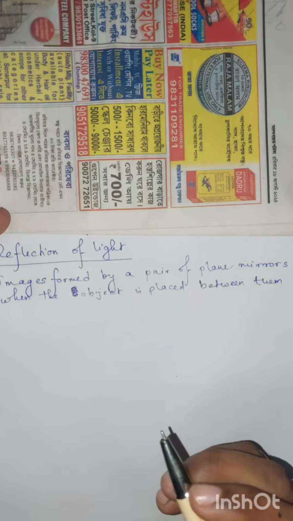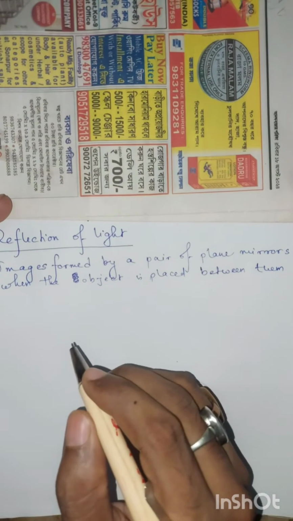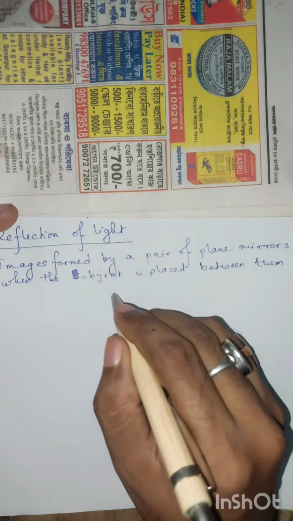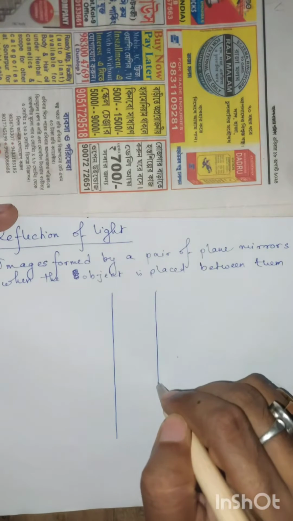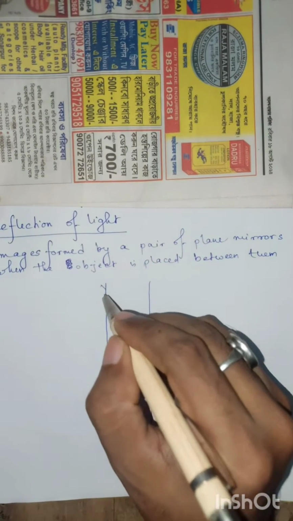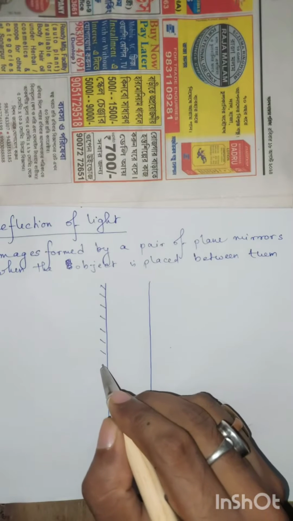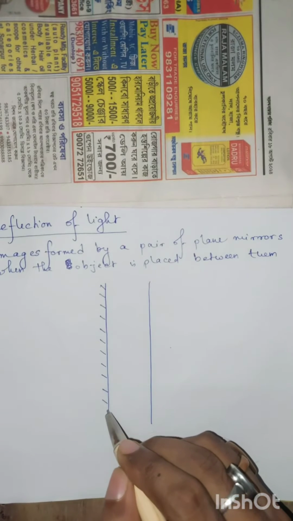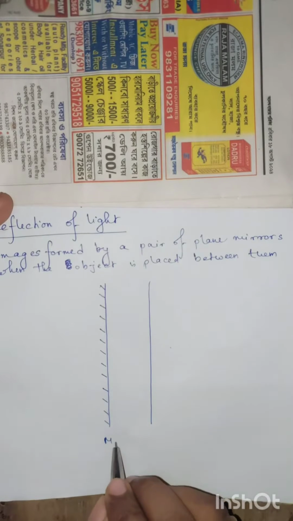Now let me draw two parallel mirrors. This is the reflecting surface of first mirror. This is our mirror 1.